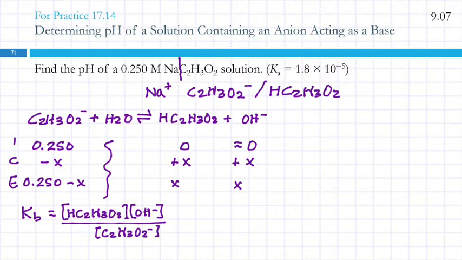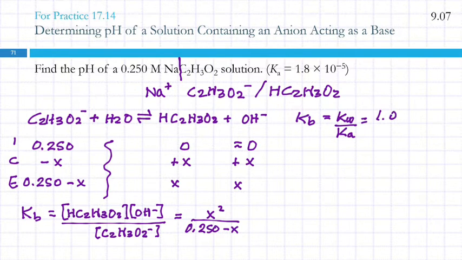So we could plug those in. We're going to have x times x on the top, which is x squared, and 0.250 minus x on the bottom. But they told us what Ka was. This is Kb. So Kb is going to equal Kw divided by Ka, 1 times 10 to the minus 14 divided by Ka.